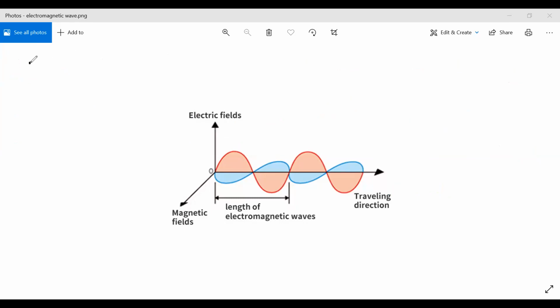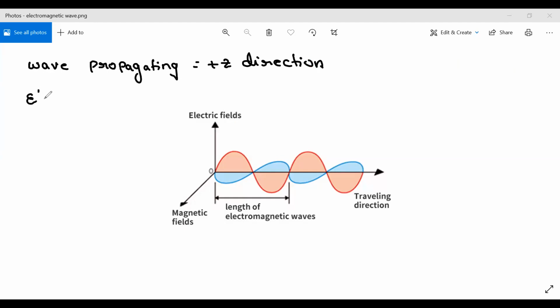In this, the wave is propagating in positive z direction, right? So what is the electric field direction? Positive x direction. Magnetic field? Positive y direction. Very good.